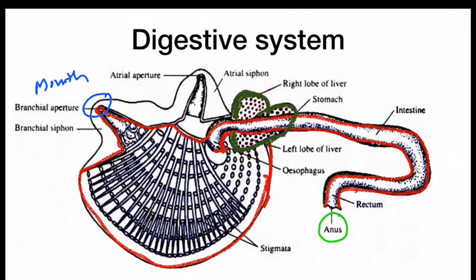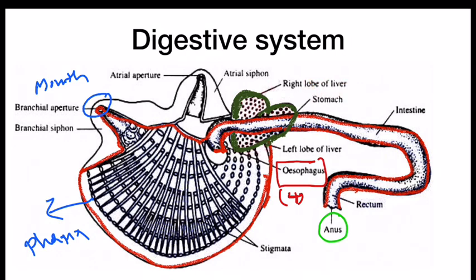In the alimentary canal we see so many parts. Anteriorly it starts with the mouth, then the buccal cavity is present. After the buccal cavity the pharynx is present. The pharynx is the largest part. After this pharynx the esophagus is present. The esophagus is the fourth anatomical part of the digestive system, and it is a very short tube.